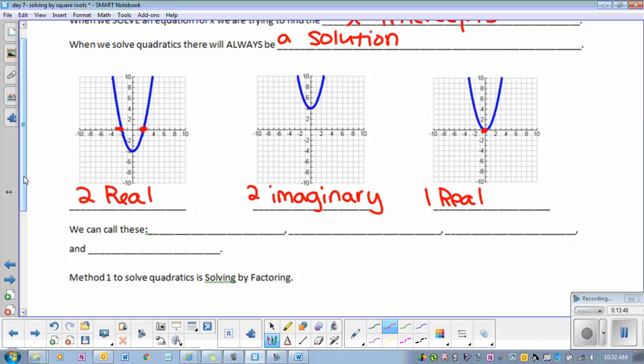Although we say one real, if we solve this out, we're getting x equals 0 and x equals 0. You do have 2, it's just the same number, okay? So when it looks like it's just bouncing off, we say it's one real, but this is called a double root. Does that make sense? If it just bounces off, it is a double root.